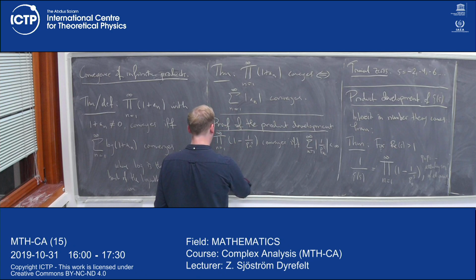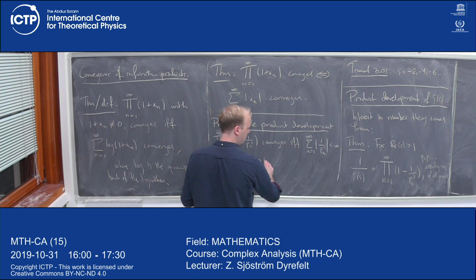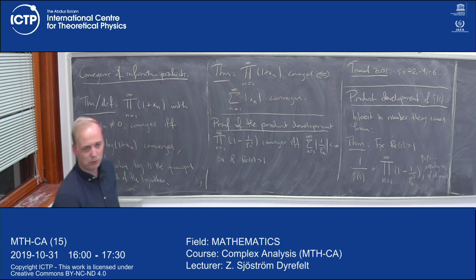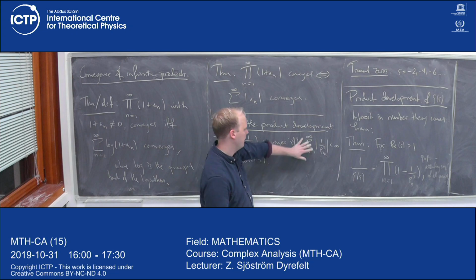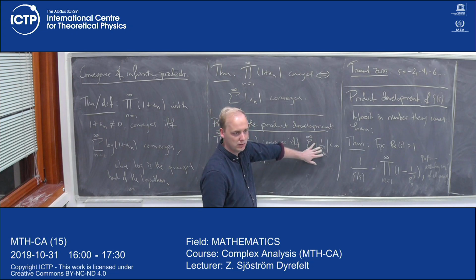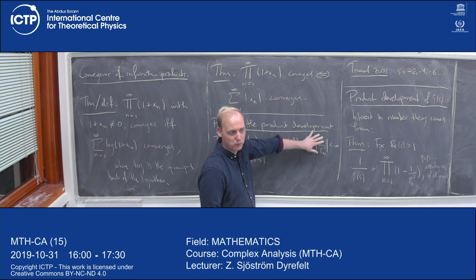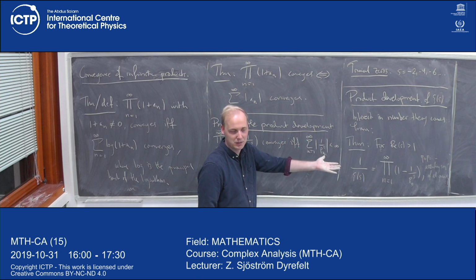So this is okay if the real part of s is greater than 1, clearly, because this is a sum of 1 over the primes to the power s. And this is smaller than or equal to 1 over n for every natural number, because the primes are a subset of the natural numbers, right?